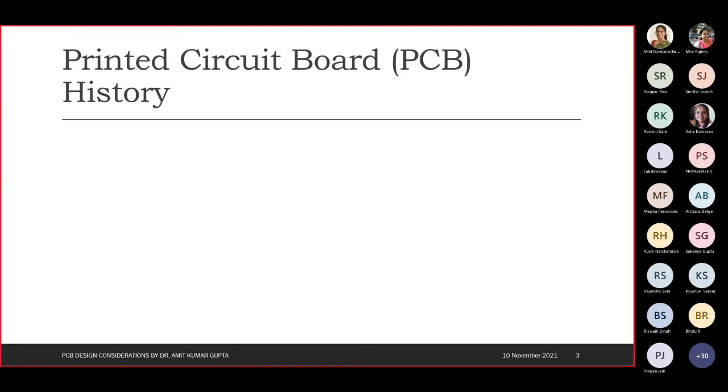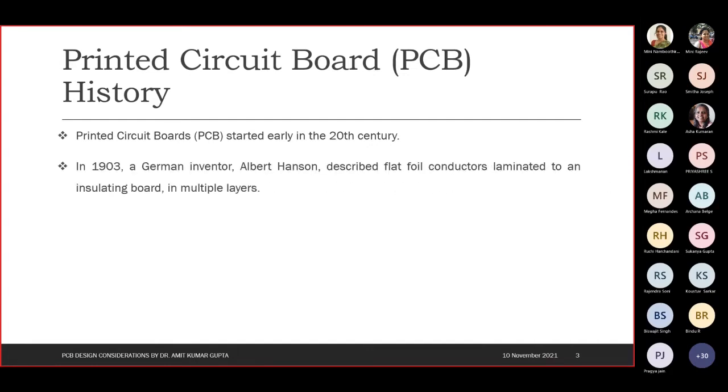So what is a printed circuit board? Let us start with the history. This PCB board started early in the 20th century. In 1903, a German inventor, Albert Hansen, described flat foil conductors laminated to an insulating board in multiple layers.